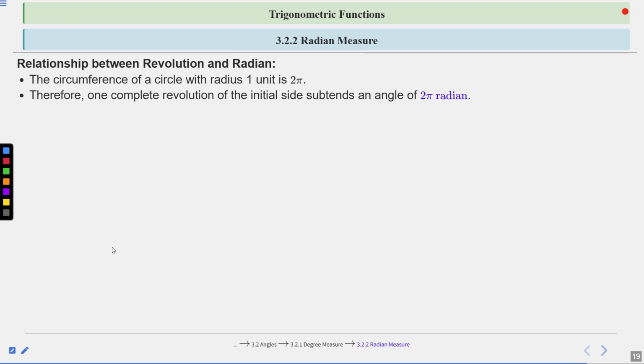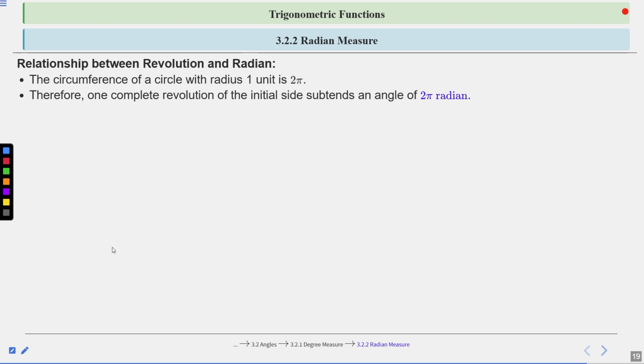So observe carefully: circumference of unit circle. Clear? If you recall, the circumference length is simply 2 pi r. So r here we are taking as what? 1 unit. So this gives me the total circumference of your unit circle as 2 pi.